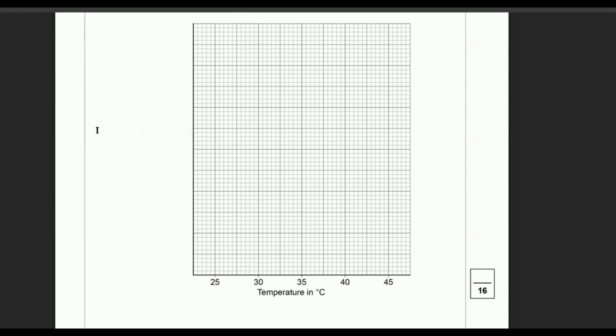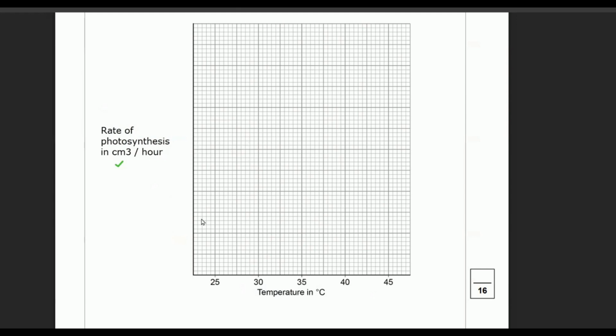So if we look at the mean results, we are looking at the rate of photosynthesis, and what we need to do is just make sure that it's not going over the graph. And that needs to be in, I'm putting the word in, I like to do that, centimeter cubed per hour. So there we go. No arguments there. We have scored a mark for correctly labeling the y-axis.